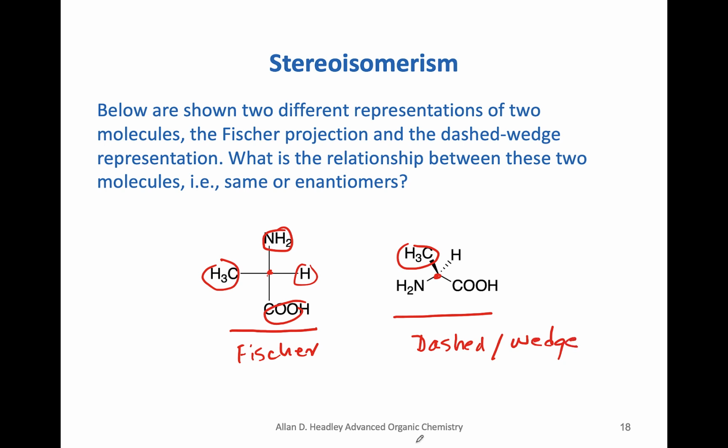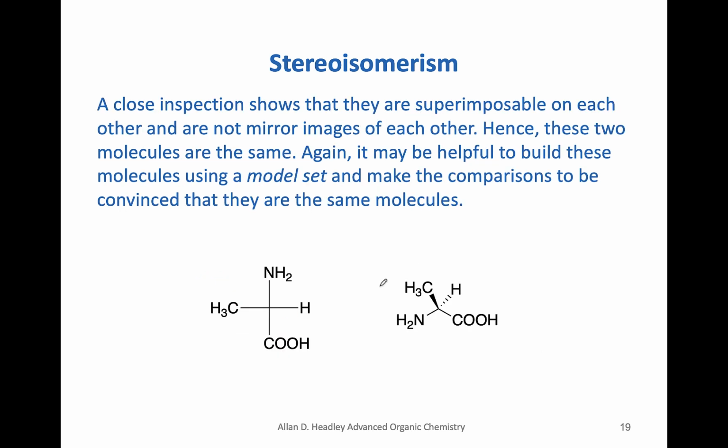Two representations trying to capture the three-dimensional arrangement of this. So the question is, what is the relationship? Are they the same or are they enantiomers? You should be able to carry out the manipulation here to make that determination, and again you may use your model sets.